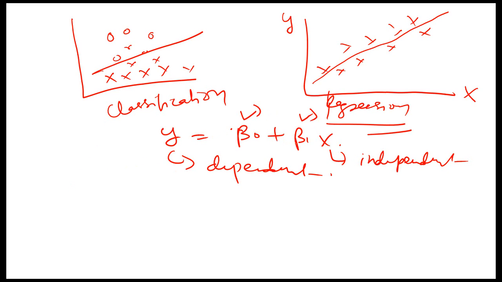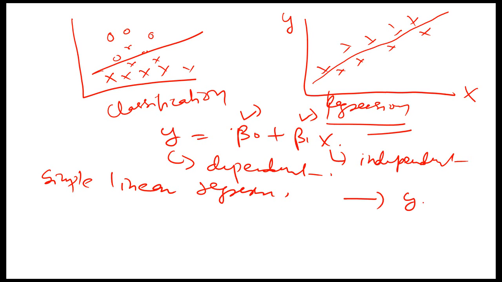Now we have learned single variable linear regression, or simple linear regression, where we have only one independent variable: Y1 is equal to beta naught plus beta 1 x1. But we may have x1, x2, x3, many more variables.